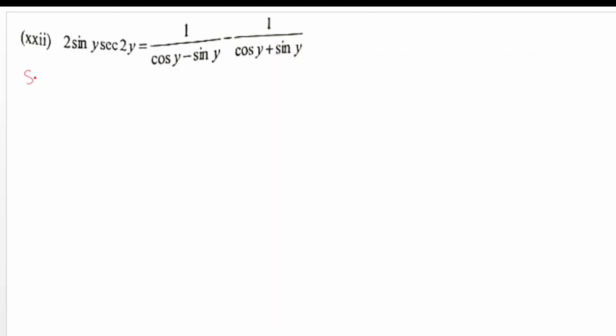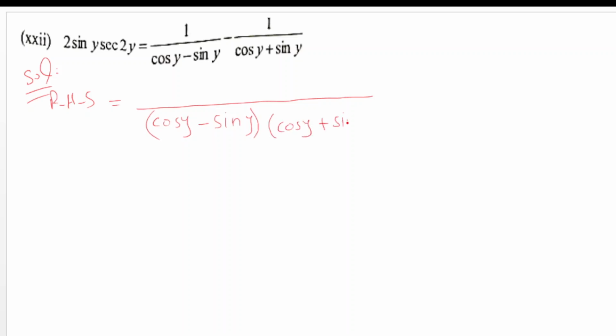So let me write the solution. I want to take the LCM over here, but I just advise you to write the right hand side again. So let me write here cos y minus sine y, and then cos y plus sine y.